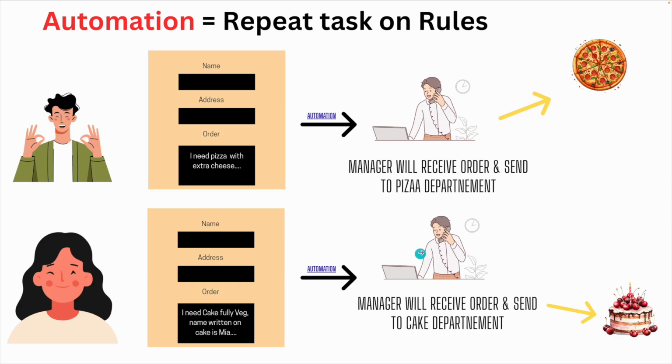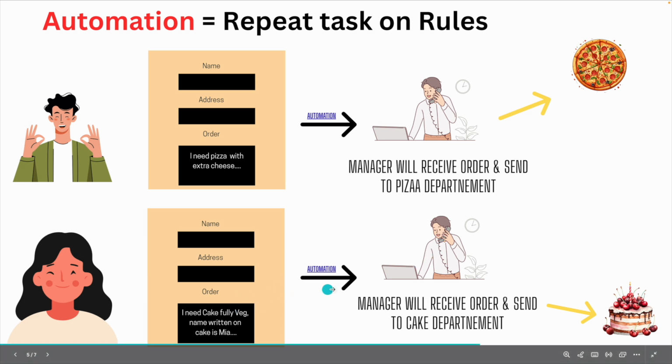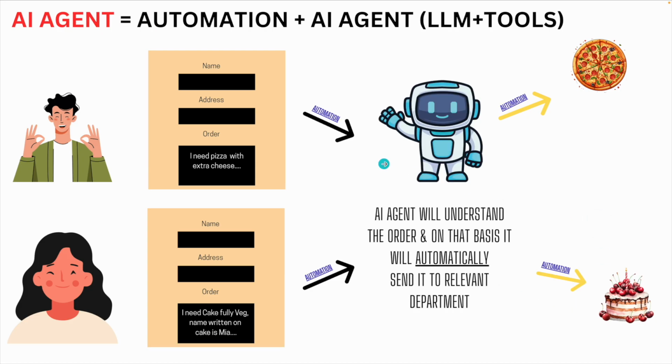The manager also has a brain, so when he finds that an order is related to cake, it is sent to the cake department. But this time, everything will be automated.